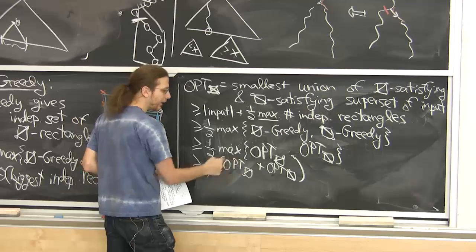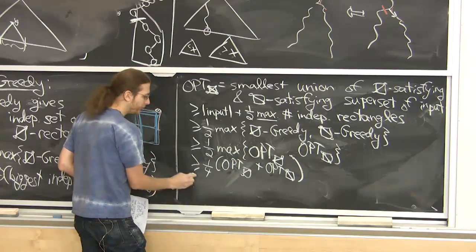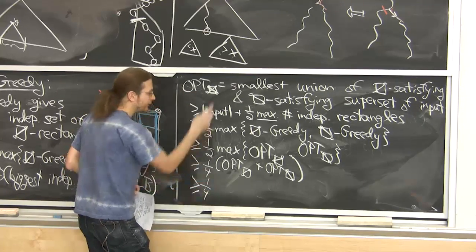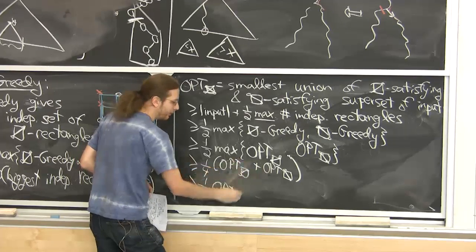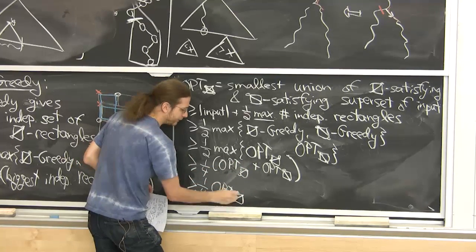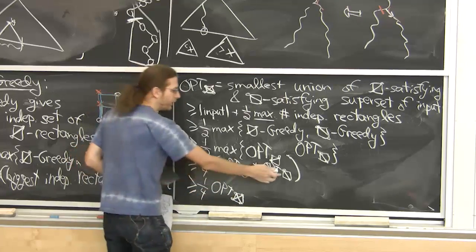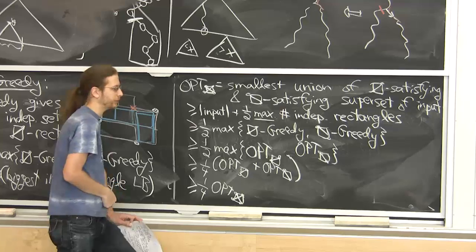If I look at the optimal plus satisfying plus the optimal minus satisfying, that's only going to be bigger than this thing. Because this can only save a factor of 2 or whatever over just adding them up. But I don't even need the factor of 2 thing. I just need that if you add them up, that's only going to be worse than just counting them as the union.